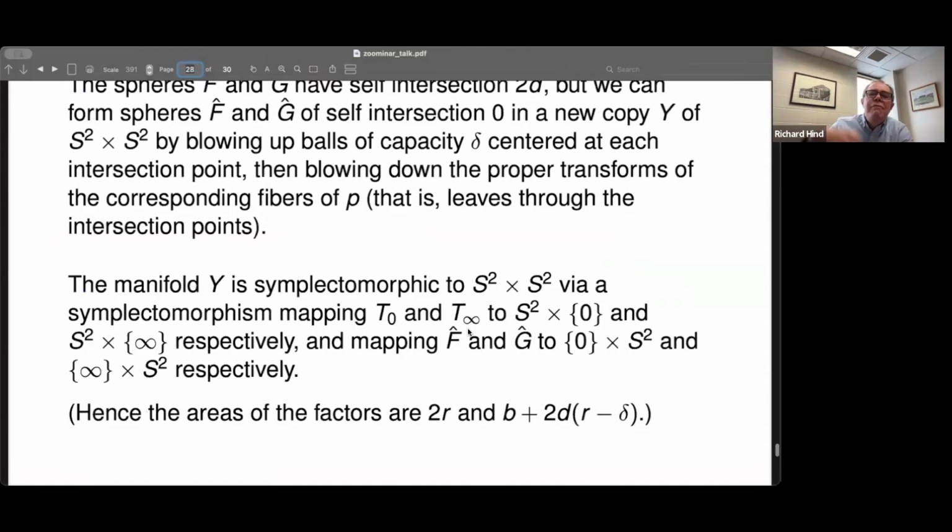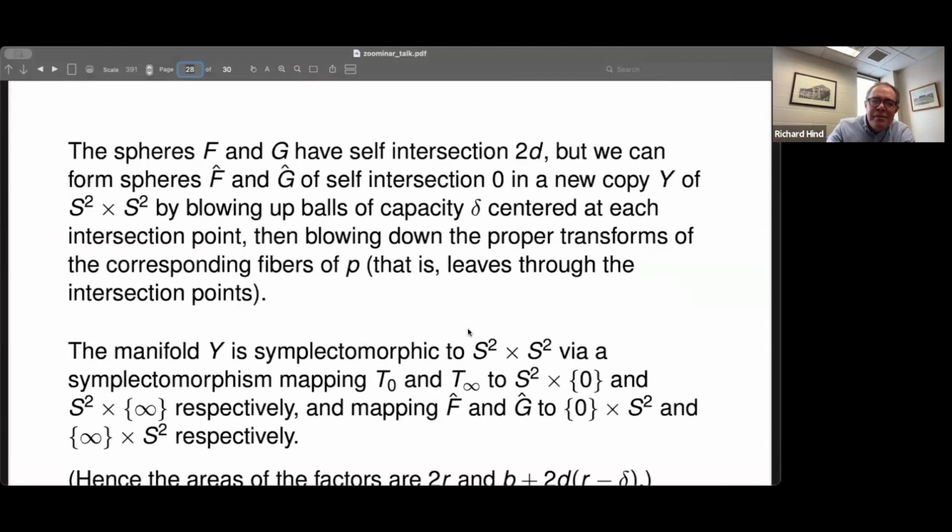I really want them to be axes of an S2 times S2. So I want self-intersection 0, but that's easily fixed. We just blow up the 2D intersection points. This is going to get me a blow-up of S2 times S2. Then I want to blow down the proper transform of the fibers through the intersection points.